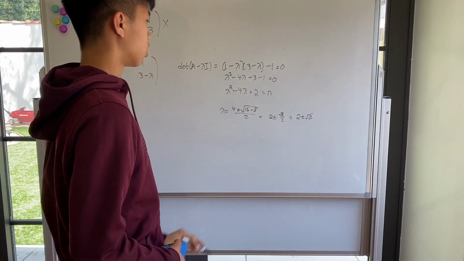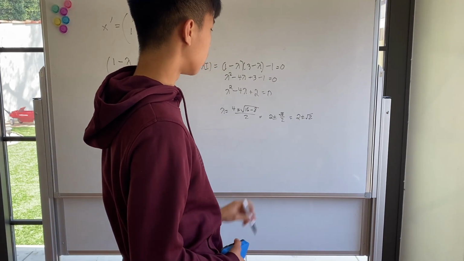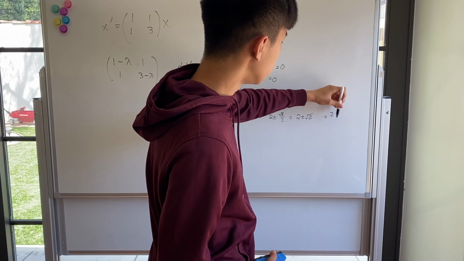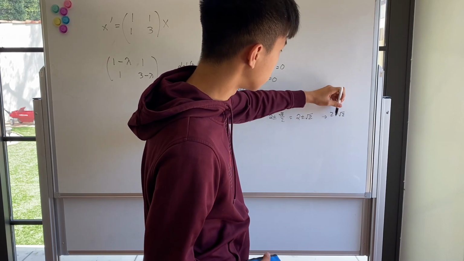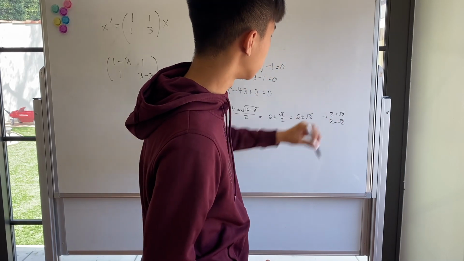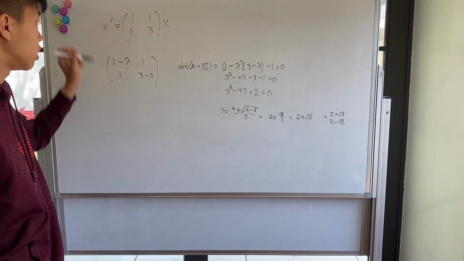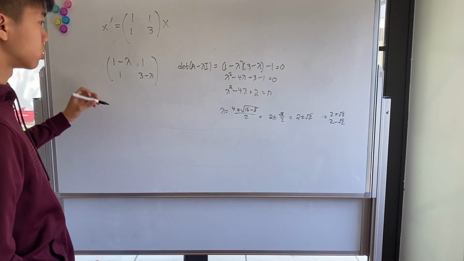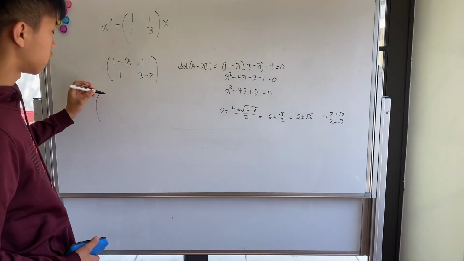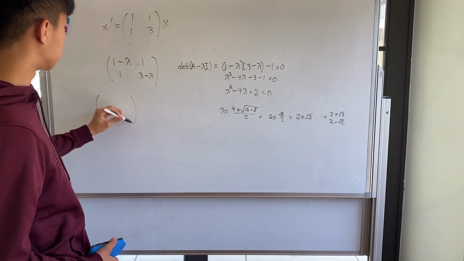Our two eigenvalues are 2 plus root 2 and 2 minus root 2. We can subtract this from A to find our eigenvectors. Let's start with 2 plus root 2.